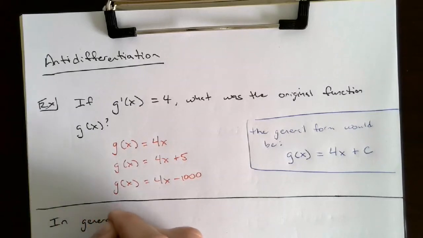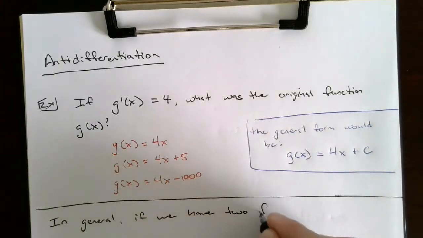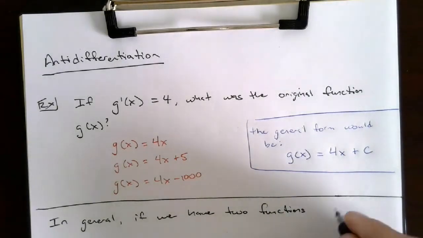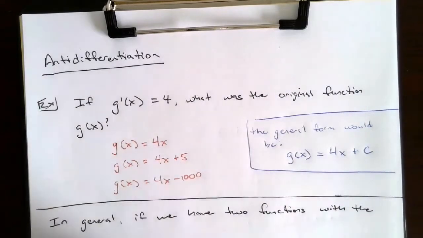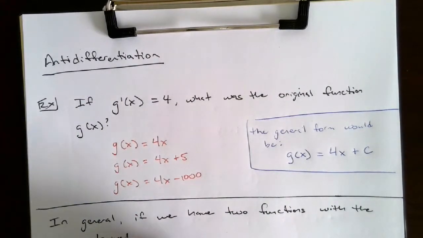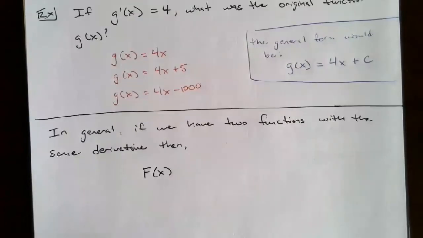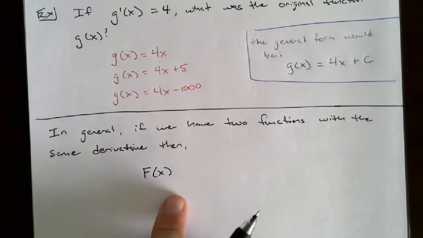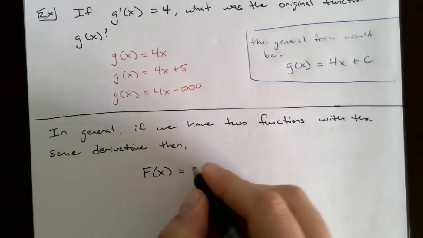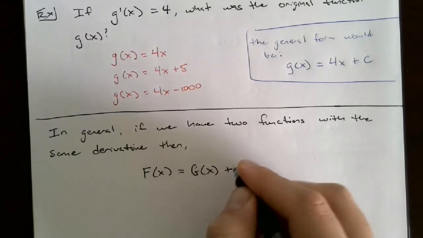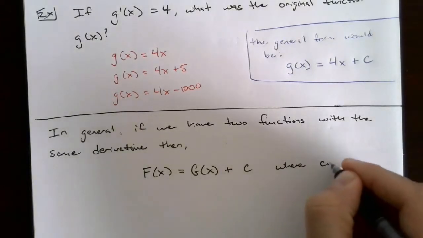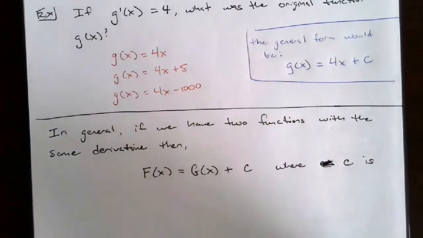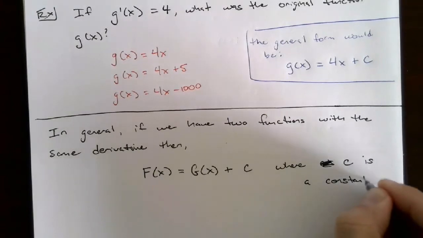In general, I'll write this out and then we'll do some more examples. In general, if we have two functions with the same derivative, then we say capital F of x equals capital G of x plus c, where c is a constant.